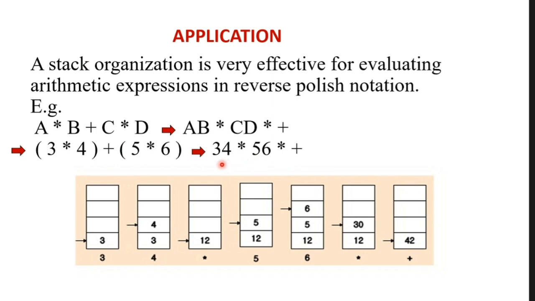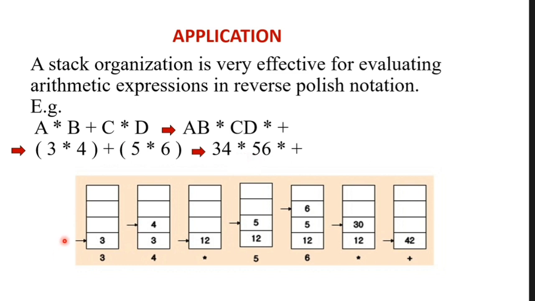That means first we have to insert 3 and 4, then the multiplication operator, 5, 6, then the multiplication operation, and then the plus sign. Let's see how it is implemented in the stack memory. Here we have to use the zero address instructions, plus and multiply.